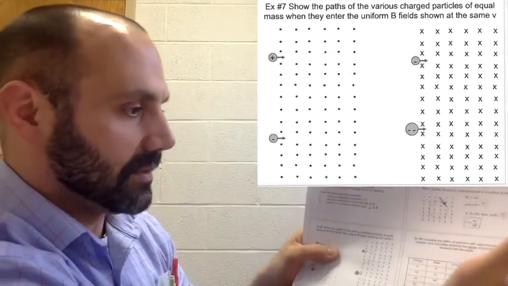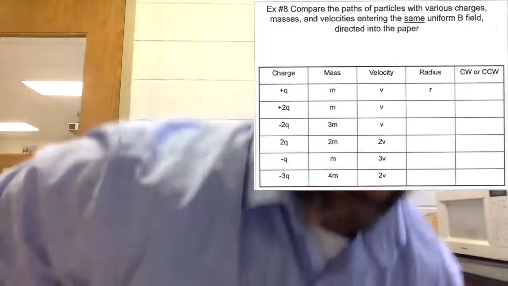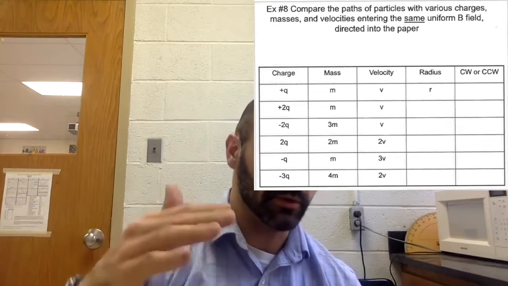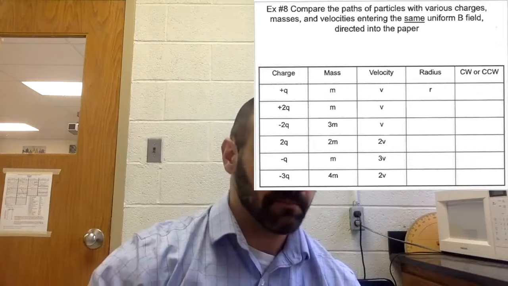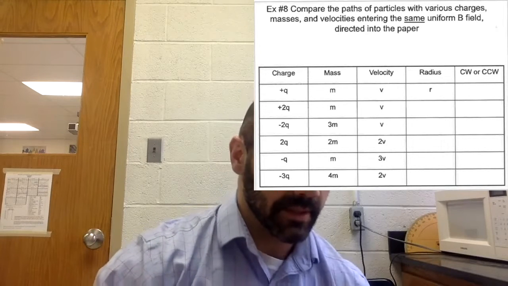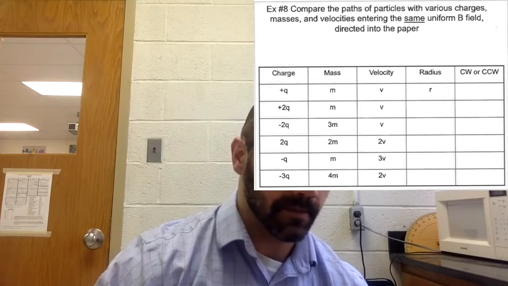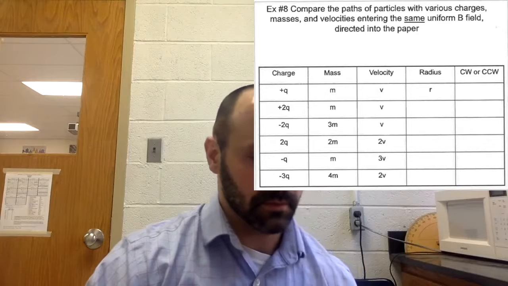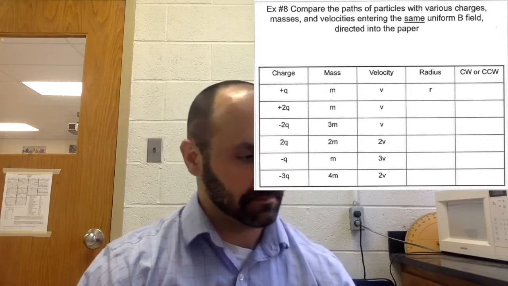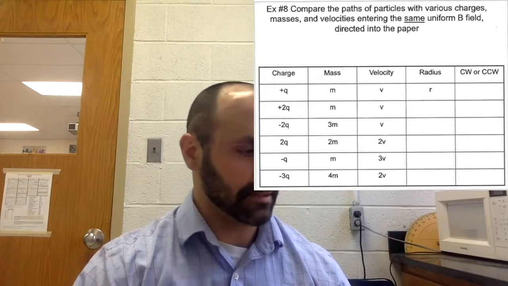Okay, and then in example 8, all you're doing is taking that read my very quotable blog equation and substituting in. If you have 2q, then that cuts the radius in half. And you're saying if this is going to be clockwise or counterclockwise based on the information, right? It's the same uniform field directed into the paper. And so you're imagining this particle coming in kind of like this one, right?